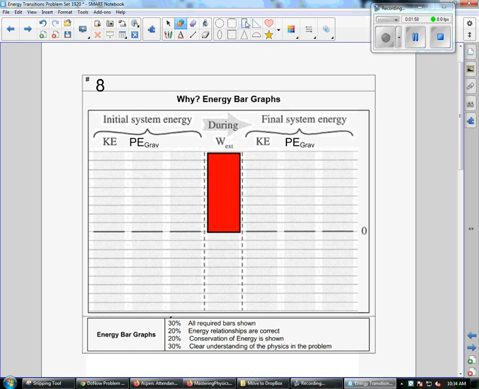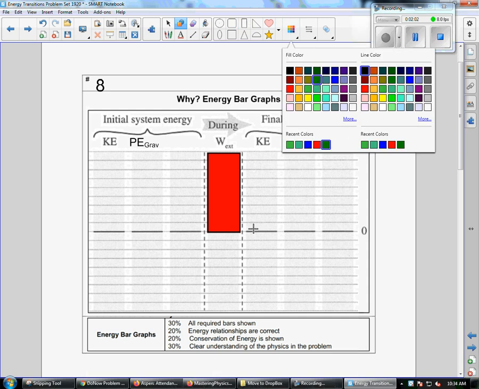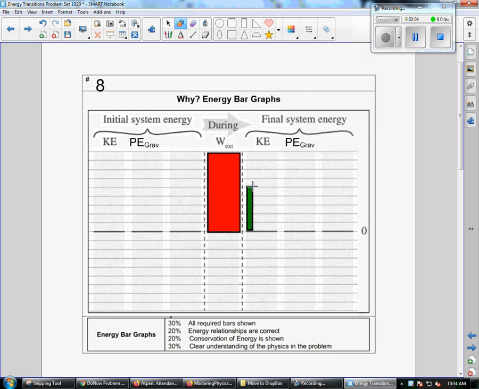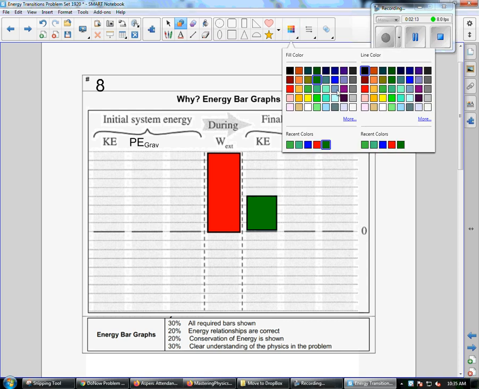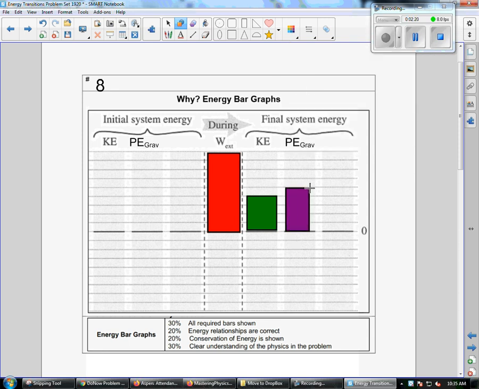Then afterwards, I'm moving fast, and I've gained a bunch of altitude, so I'm going to say I'm there, and I've gained a bunch of PE grav. 0 plus 9 equals 5 plus 4.